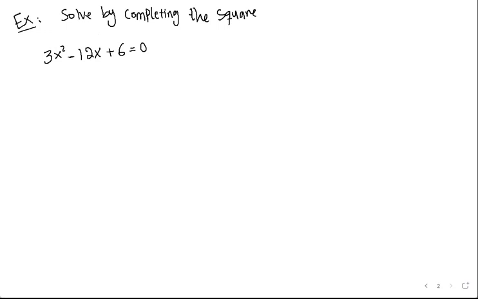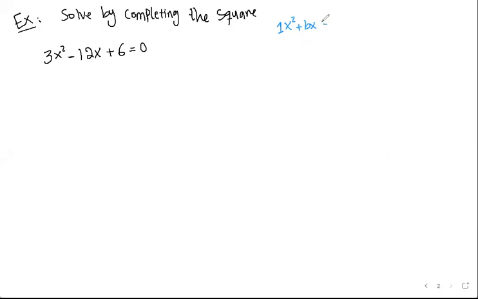So let me remind you of completing the square. If I have something like x squared plus bx, the coefficient of x squared is 1 here. So first, we have to make the coefficient of x squared equal 1. Then we add b over 2 squared to both sides.